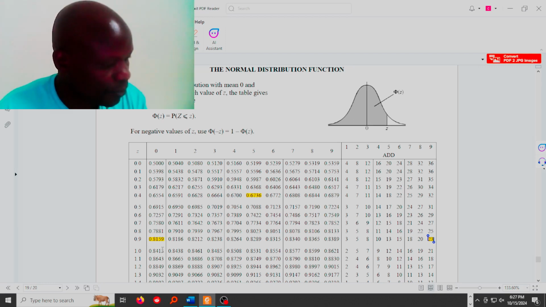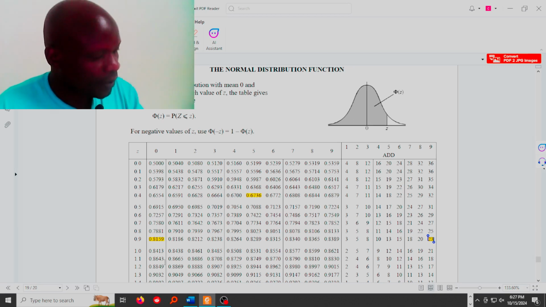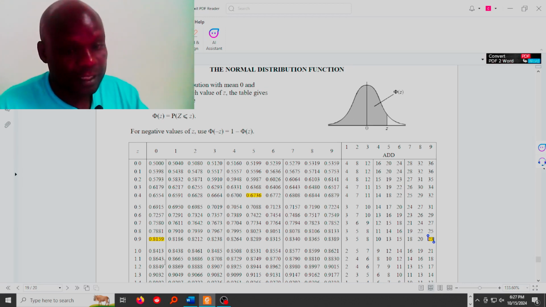In our book, in our workings, we have 0.8186. Yeah, that's a slight variation. Then we have Z of 180, where we have now minus 0.9091. Being that it's a minus, it indicates that it was on the left-hand side of the mean.